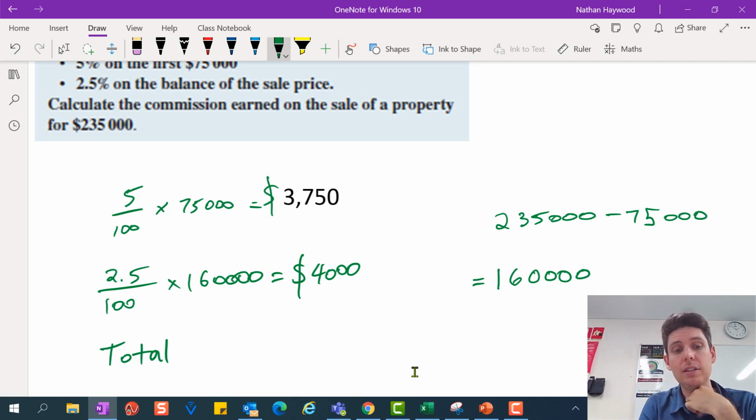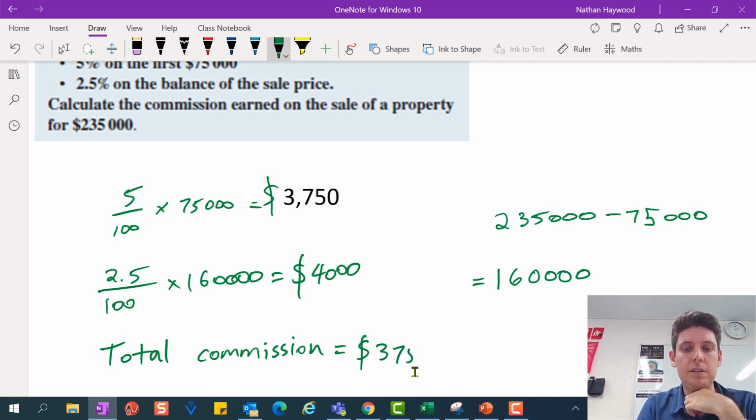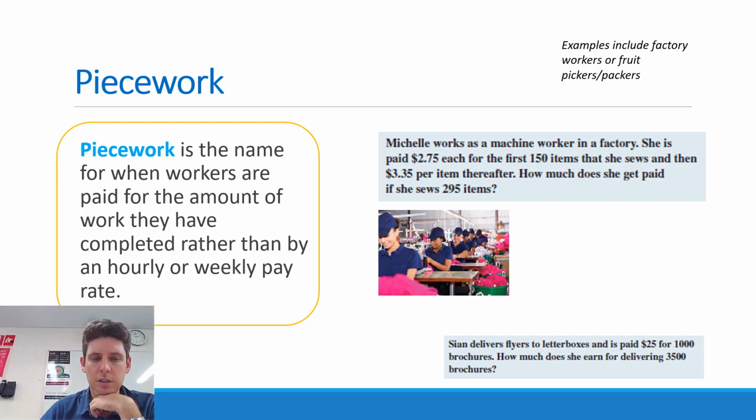Most likely me. Total commission is a really good way to communicate what's happening. So add the two commissions together, the first 75,000 and then 160,000 commission after that, you get $7,750 commission.